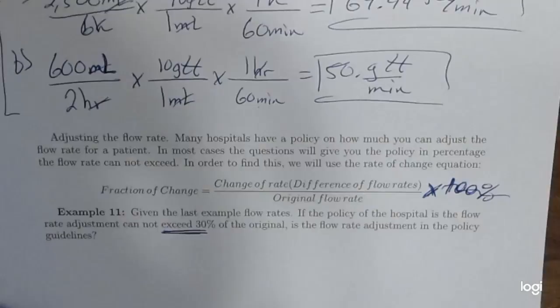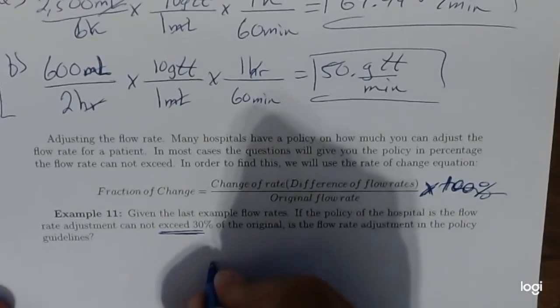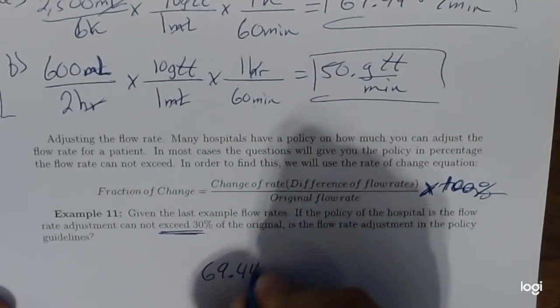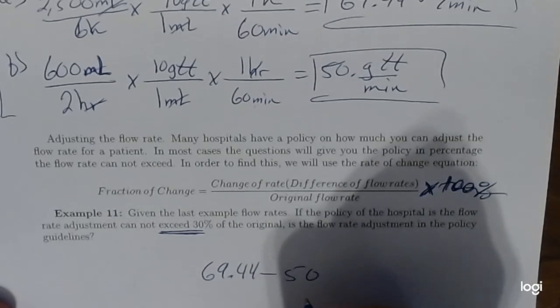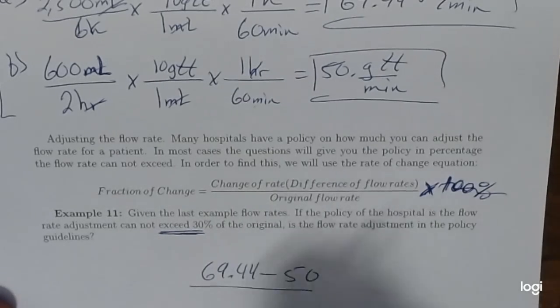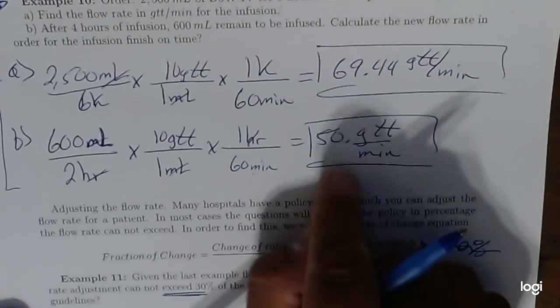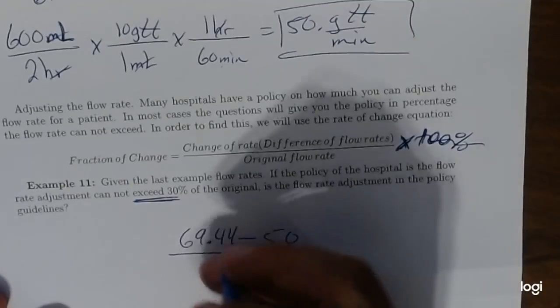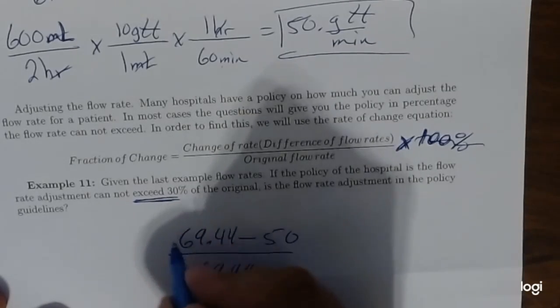All right, so let's find out. So first thing we have to do is subtract the differences. So largest minus smallest, so 69.44 minus 50, divided by the original. So what do we start with? So we started with this one, right? That was the adjusted one. So we started with 69.44. So order of operations, right?